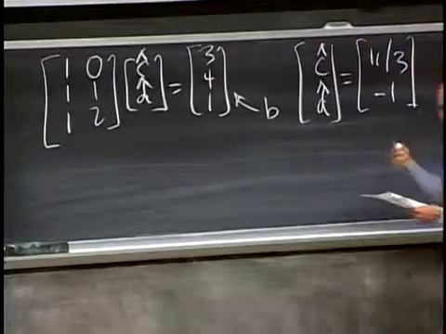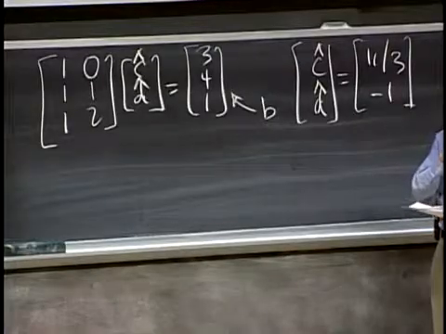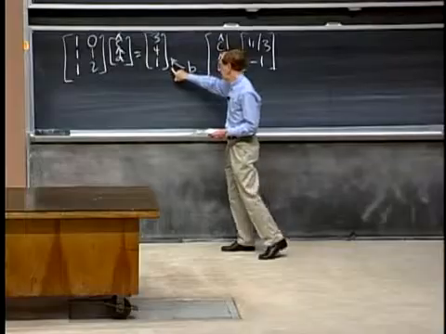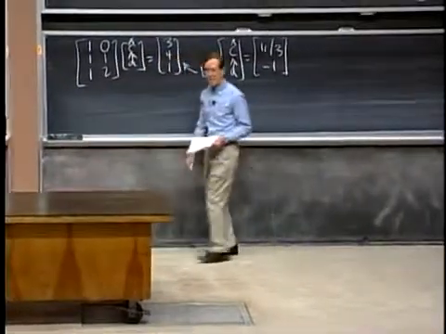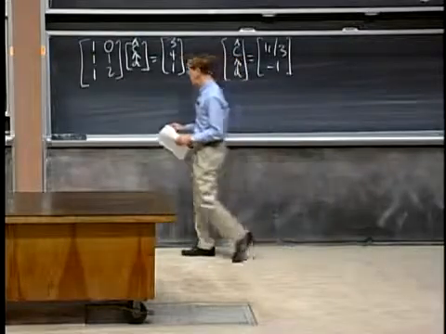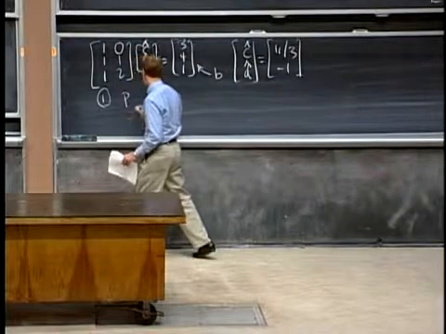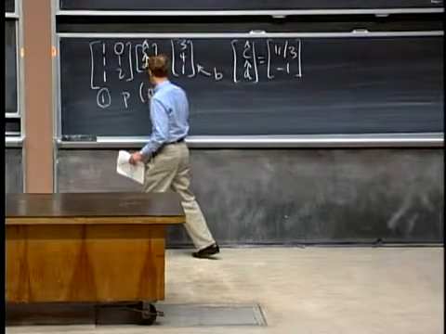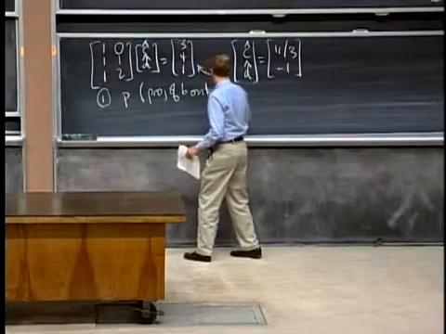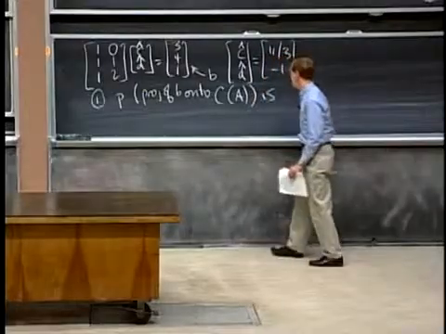Then let's just remember what happened. Good question. What's the projection P of this vector onto the column space of that matrix? So shall I write that question down? 1. What is P, the projection of B onto the column space of A?